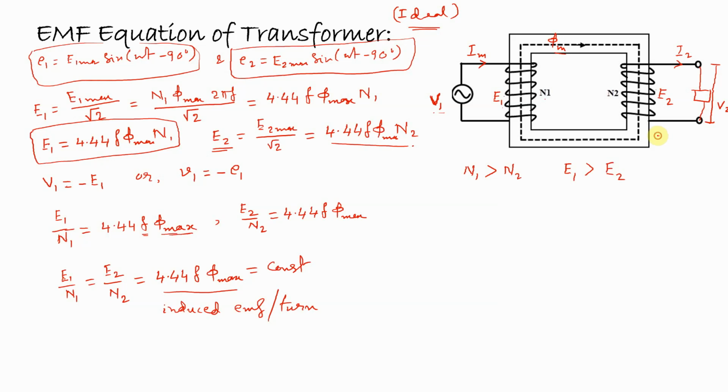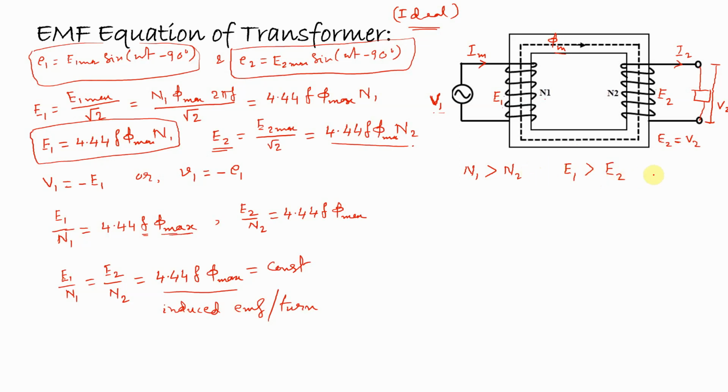So the value of E2 will be equal to V2. That means the EMF which is induced in the secondary side, the same voltage will be applied across the load because it is ideal. No losses will be there. Here the value will be equal. It will not be equal and opposite because here V2 is not induced. V2 is created because the load is connected.